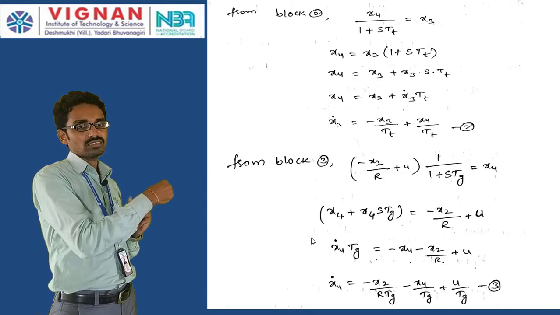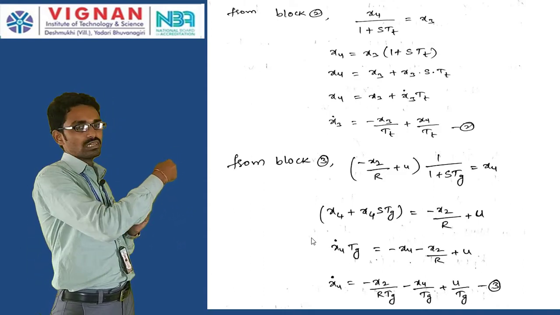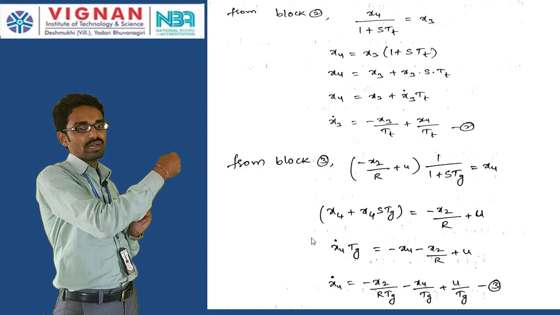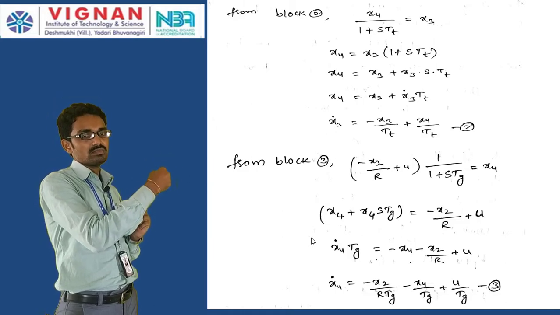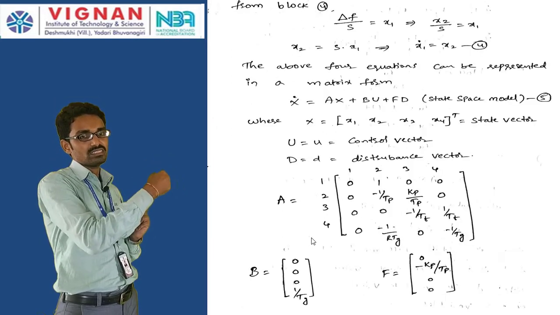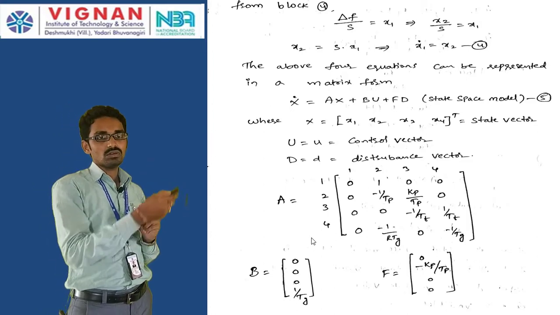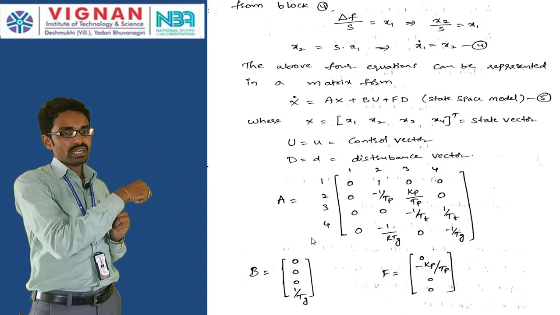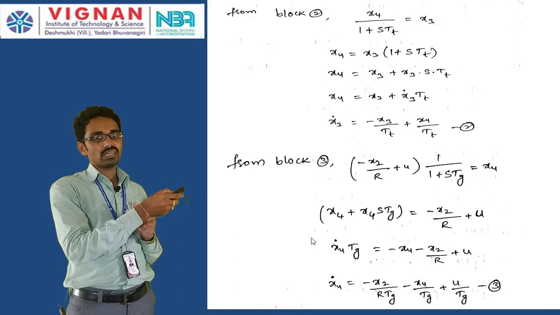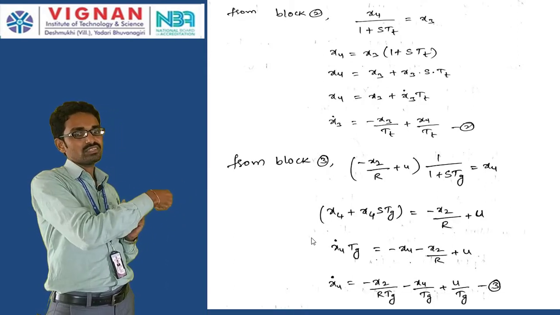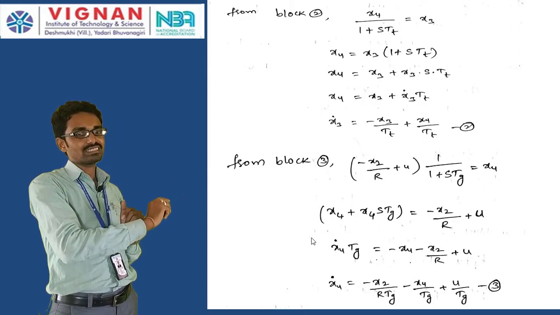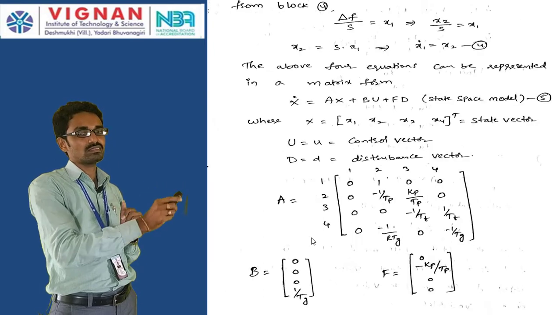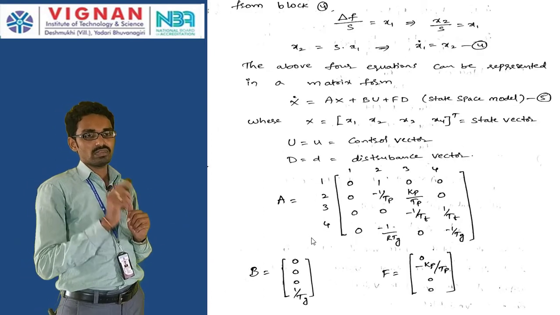If you see equation 3, you have x4 dot which is equal to minus x2 by R tg minus x4 by tg plus u by tg. Then in the place of 1 and 3 you have zeros, because in this equation there are no x1 and x3 terms, so I have considered 0 values.